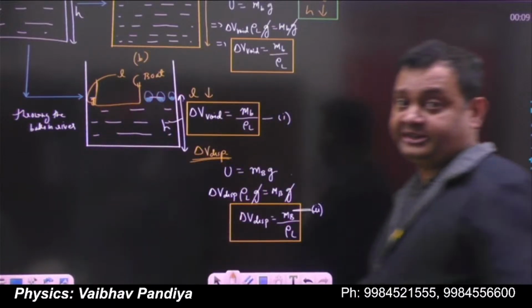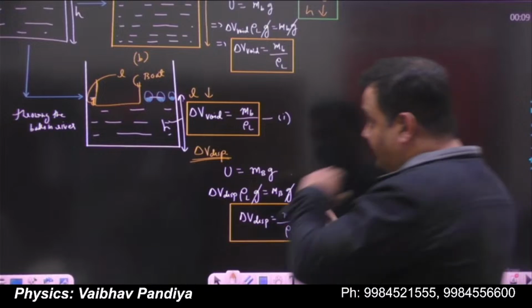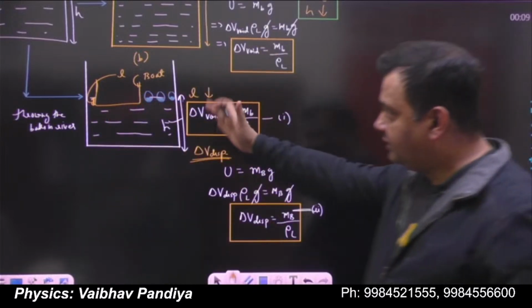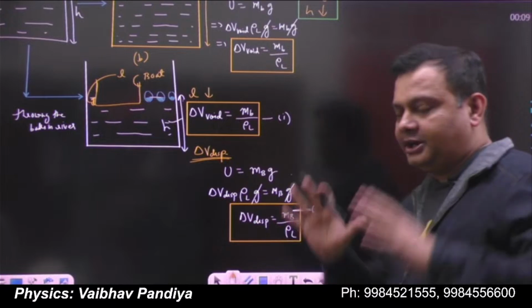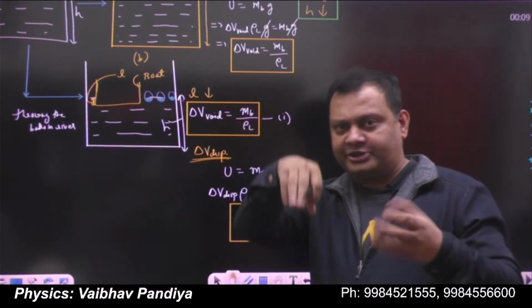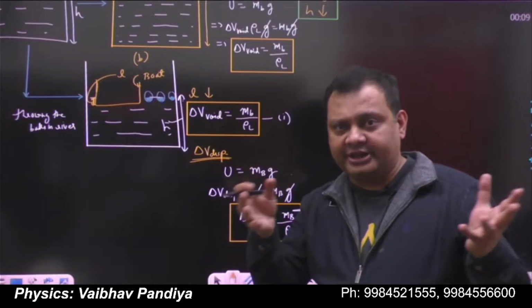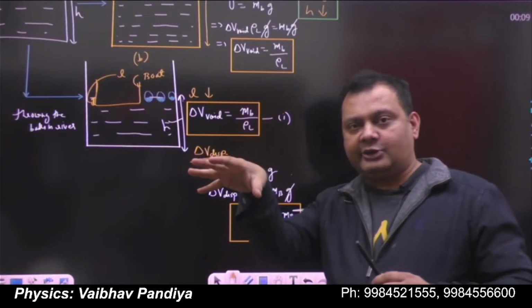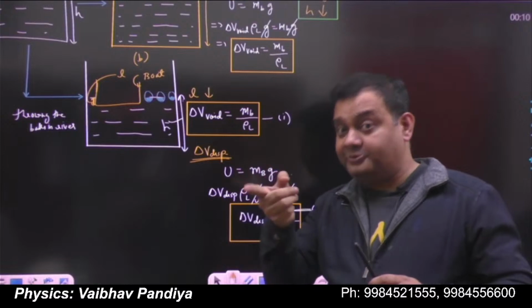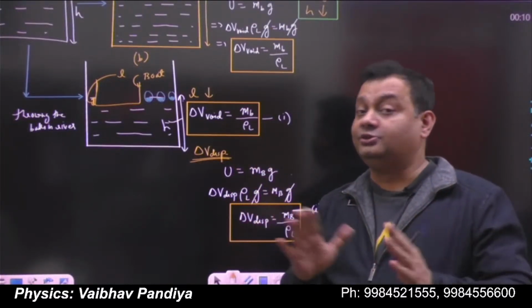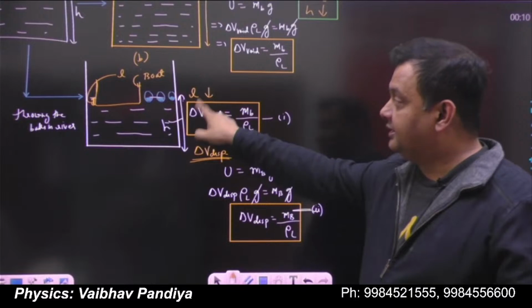This is a very interesting thing, correct? This is called the floating to floating condition. Whenever some body is floating in the liquid and there is another object on that floating object, and you pick that object and throw it in the liquid, and that second object floats in the liquid, there will be no change in the level of the liquid.